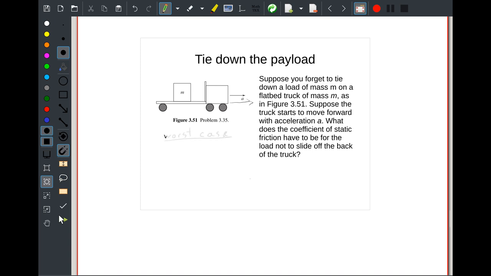I'm going to look at a worst case scenario where it actually does slide, and we'll say that our acceleration is 0.25 G's or 9.81 over 4. And it's going to accelerate for a time of 2 seconds.